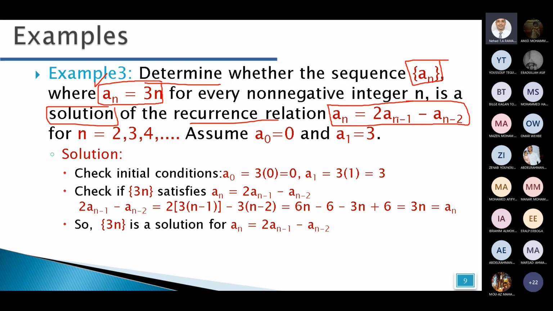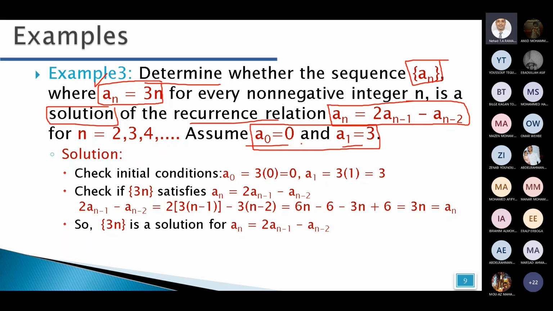The recurrence relation means the recurrence relation with its initial values, or initial terms. We have two initial terms, and we have the recurrence relation, and we have the solution. We need to check if this solution is a correct solution for this recurrence relation.